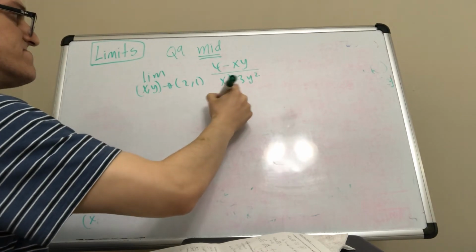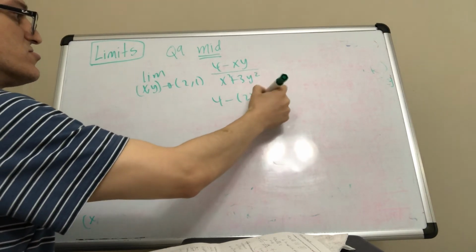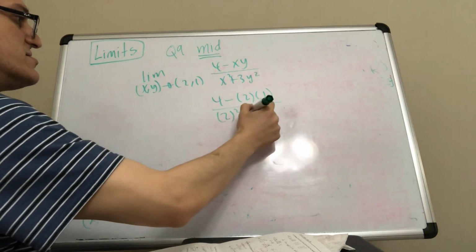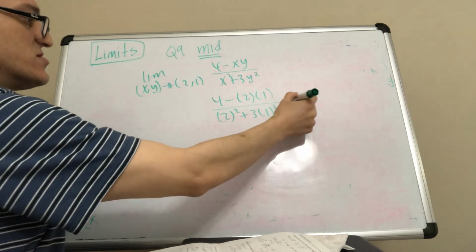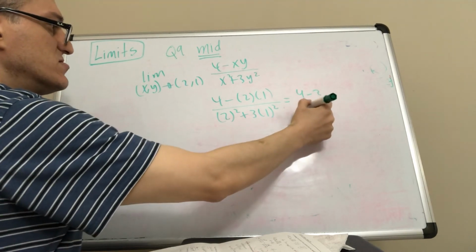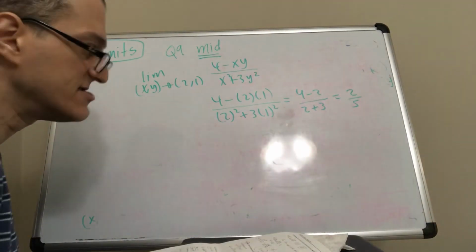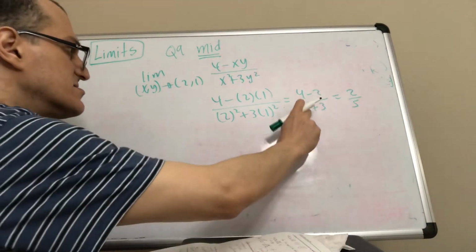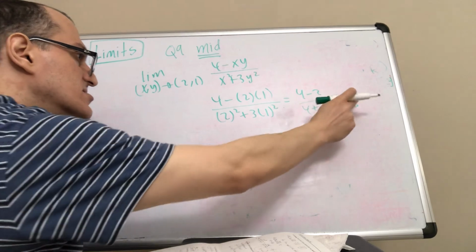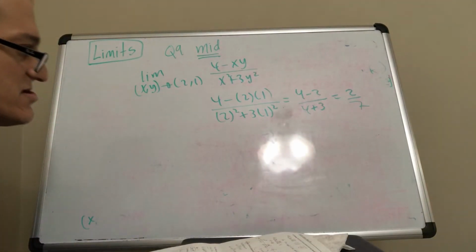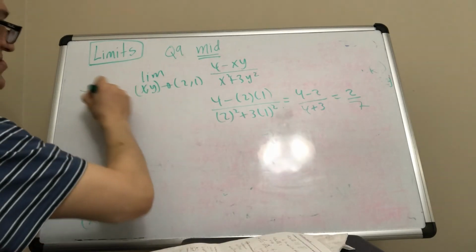You plug 2, 1, you plug 2 squared, 1 squared, that's 4 minus 2. That's 2 over 5. Sorry, this is 4. So it's 2 over 7. So you got a number. Nothing really special. We do the second one.